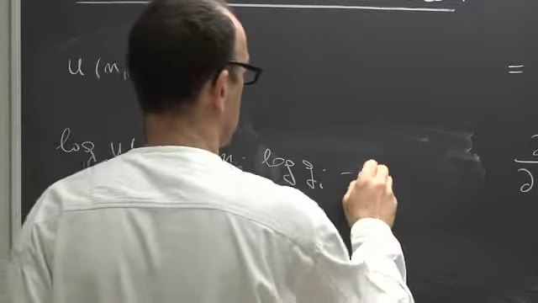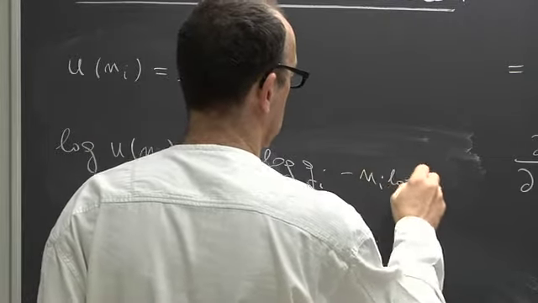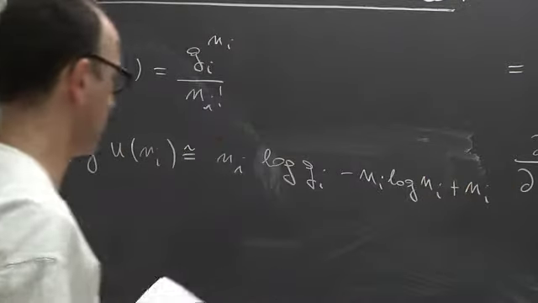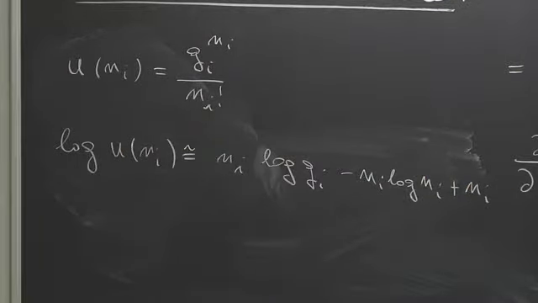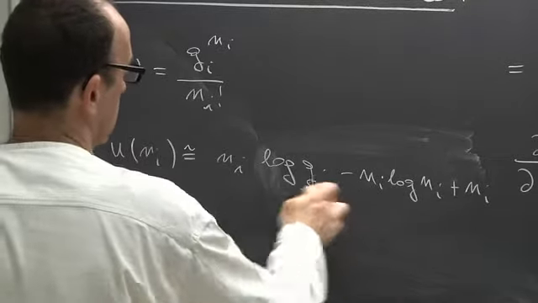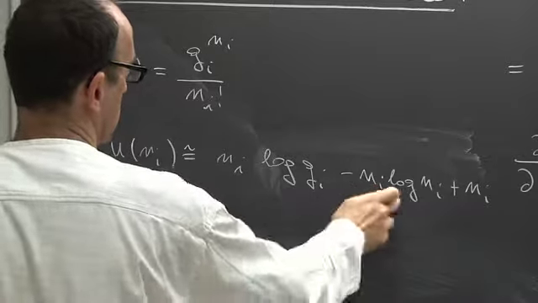So this is minus Ni log Ni plus Ni. So I can recast this by putting together these two terms.